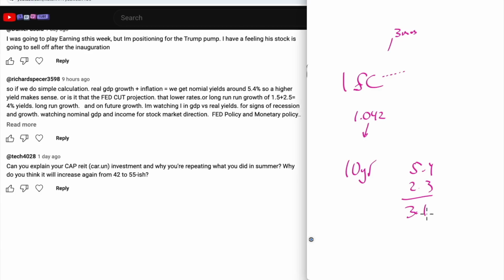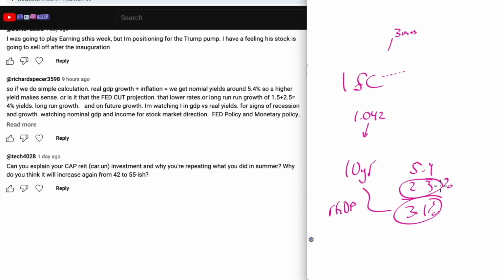So 3.1. You're saying that real GDP growth over the next 10 years will average 3.1%. That's a tough one. I don't think so. And you're also saying that inflation over the next 10 years will average 2.3%. Now, we can debate that.